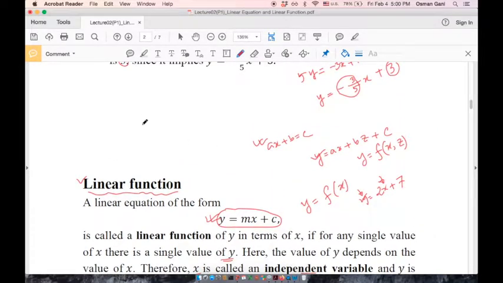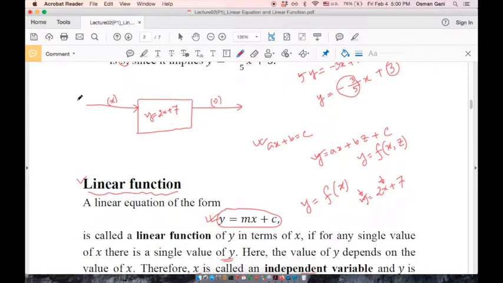So what is a function? A function is a mathematical rule. Let me say it again. Let us consider a function like this, y equal to 2x plus 7. It's just a mathematical tool where each single input has a single output. The input variable is x, the output variable is y.